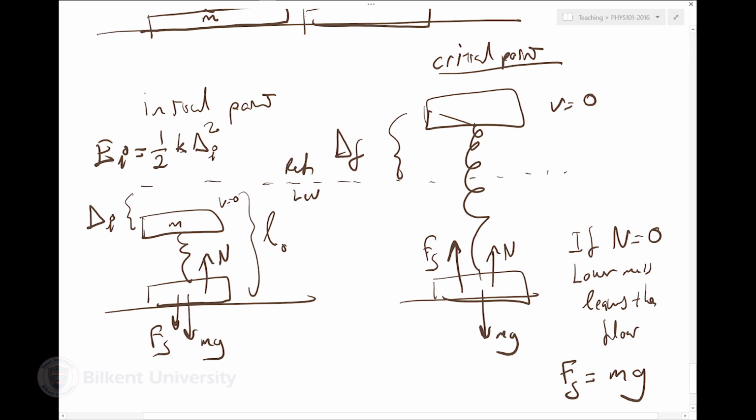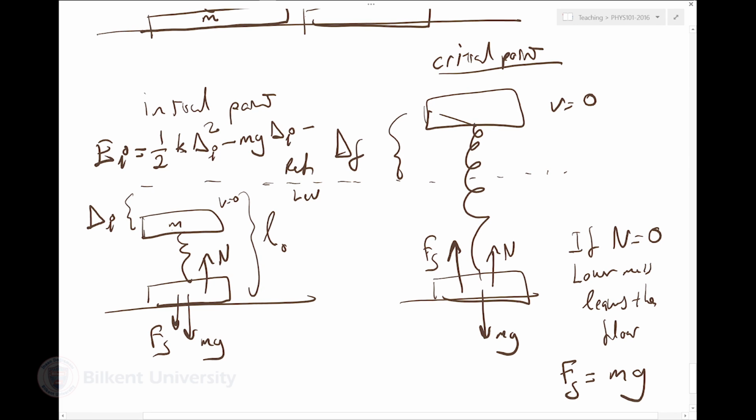Is it mg times delta I or minus mg times delta I? It's minus. I am below the reference level. So it's going to be minus mg times delta I. Isn't there potential energy for the lower mass? Maybe I should put that. You're right.